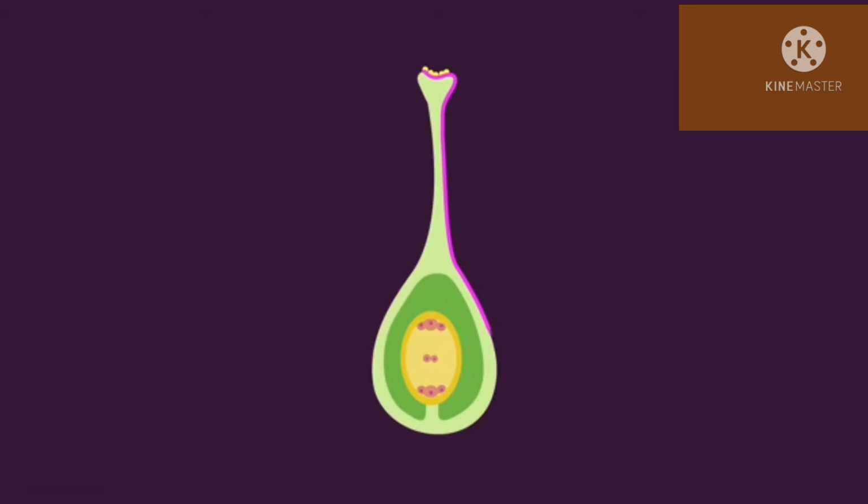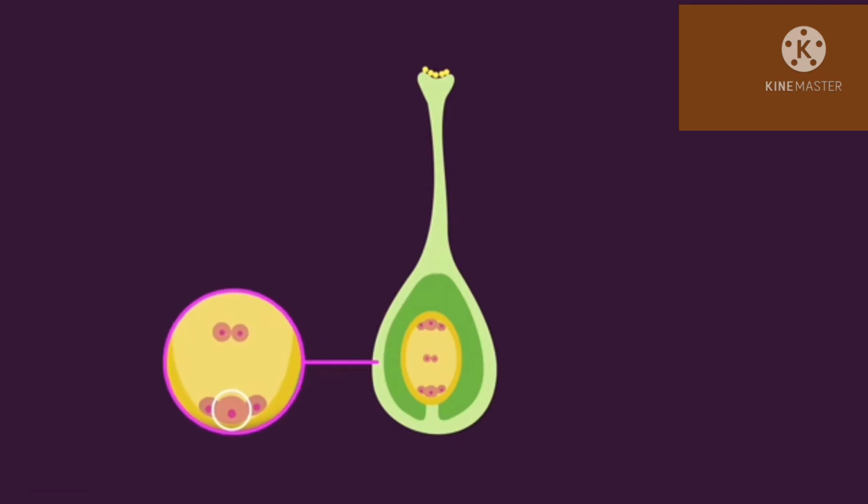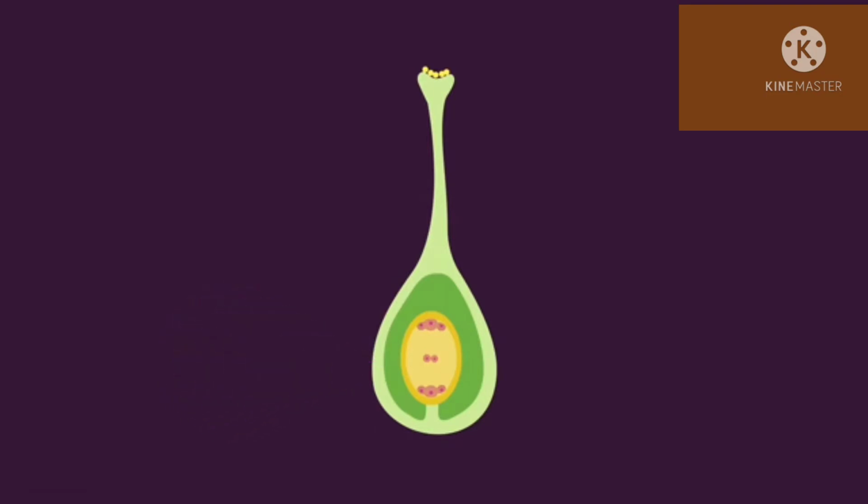It produces two male nuclei. One fuses with the egg cell, as the pollen tube penetrates into the embryo sac, to form the zygote. The other male nucleus fuses with two polar nuclei to form the endosperm.